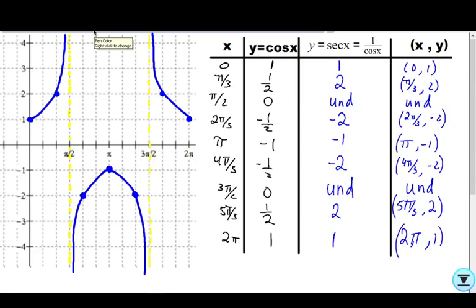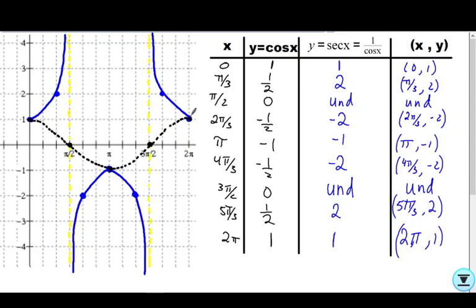Okay. Now again, just to relate it, I'm going to draw the parent function for cosine. So that's what cosine looks like.